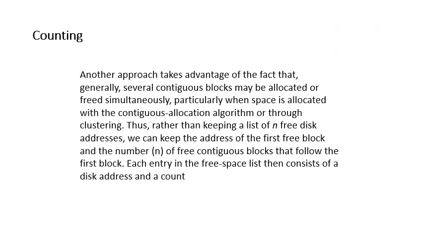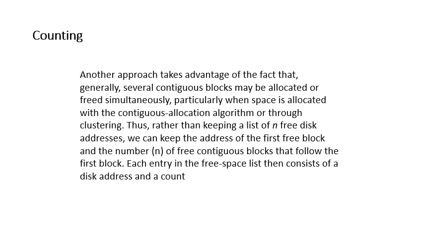Next is counting. It keeps count of how many blocks are empty. It is used for contiguous blocks, to know how many blocks are free and how many contain information.